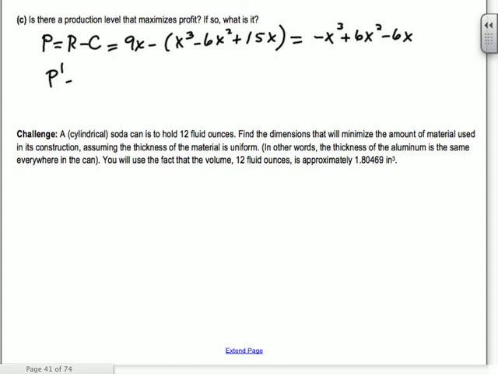Okay, so maximizing, I'm going to get negative 3x squared plus 12x minus 6. Find when it's set equal to 0. So pull out a negative 3. I'd have x squared minus 4x plus 2. Uh-oh. So what does this mean?